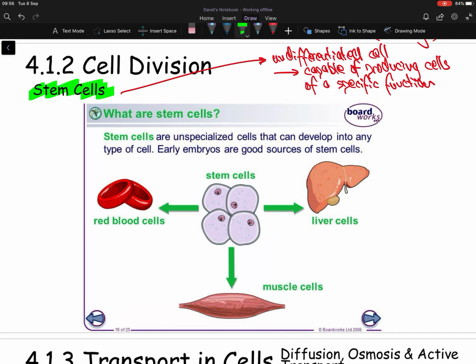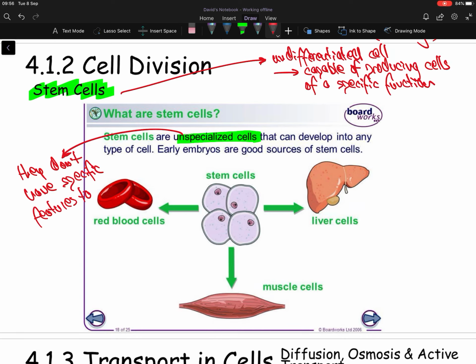So when we're talking about undifferentiated or unspecialized, what we mean at that point is that they don't have specific features to carry out a unique job in the body, a unique function.